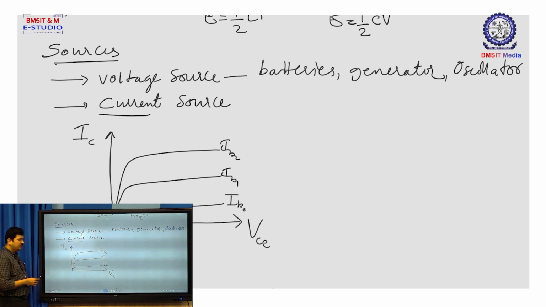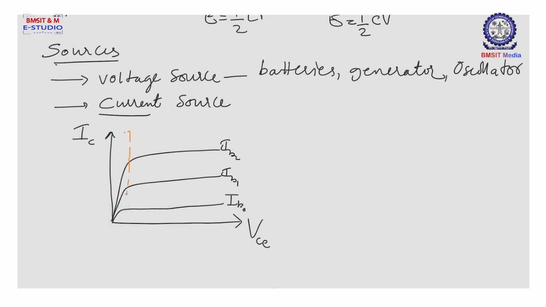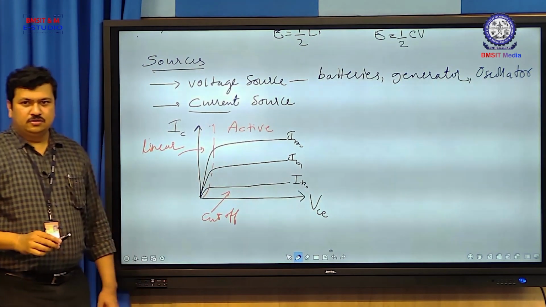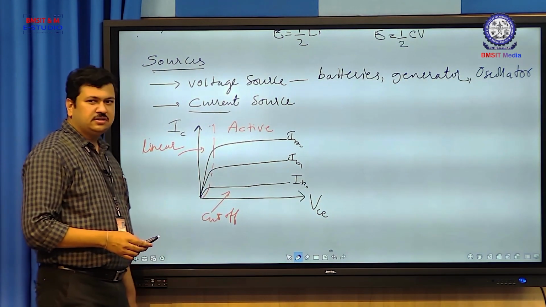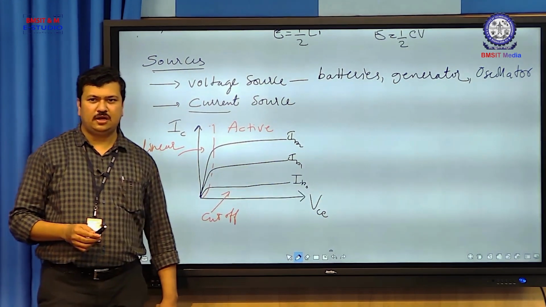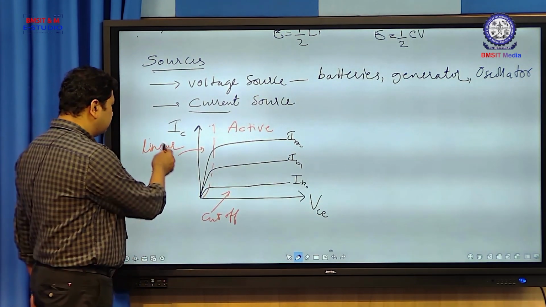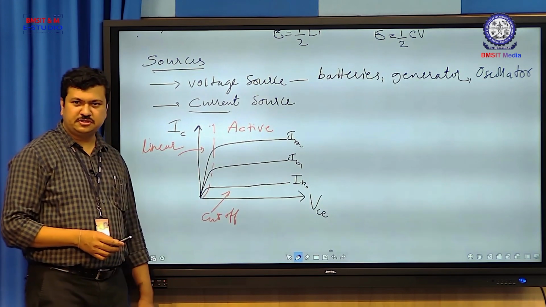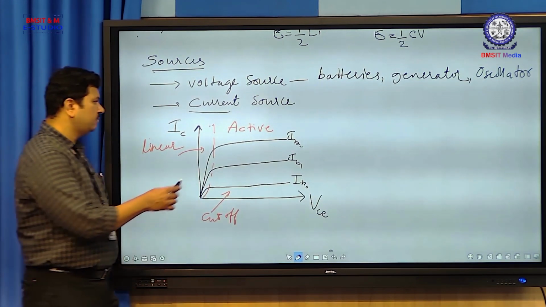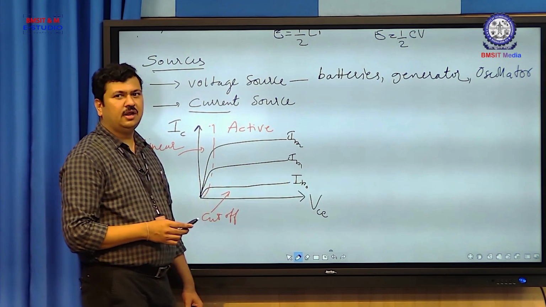And when I mark the operating regions of this transistor, there are 3 operating regions. This is cutoff, this is linear, and this is active. We know that in the cutoff region the transistor is operating like an open switch or open circuit. In the linear region the transistor is operating like a closed switch or a short circuit, and in the active region the transistor is operating like an amplifier.